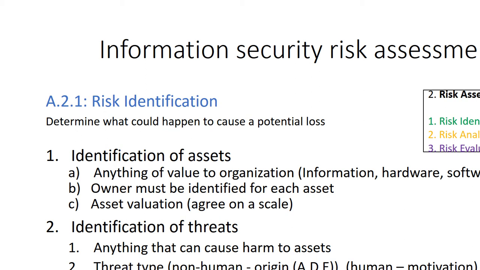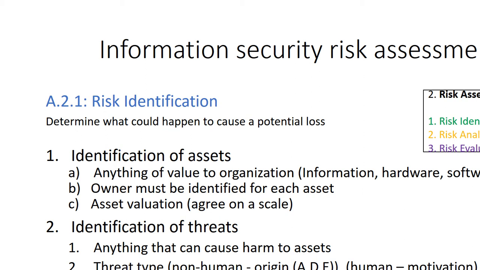When we deal with a human threat, we have to understand the motivation, what motivates them to carry out such an attack. In the case of a non-human threat, we are more interested in the origin of the threat: A is accidental, D is deliberate, or E is environmental.